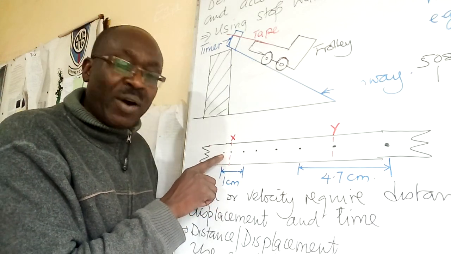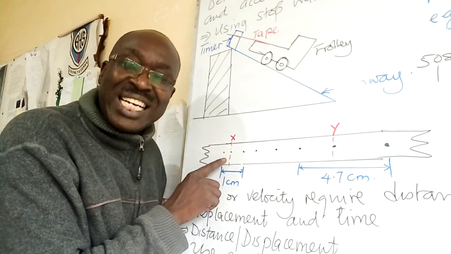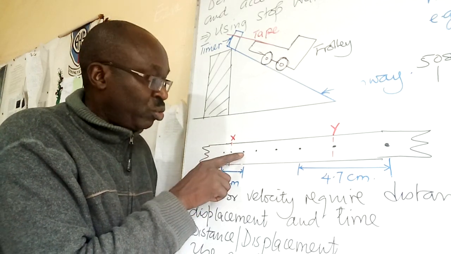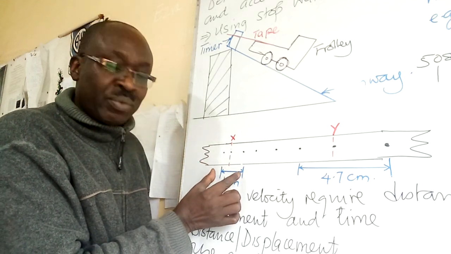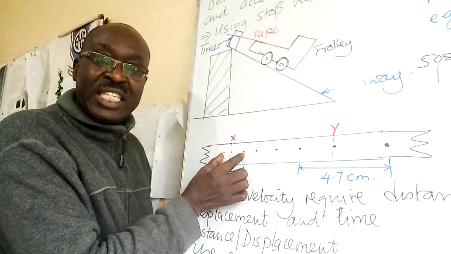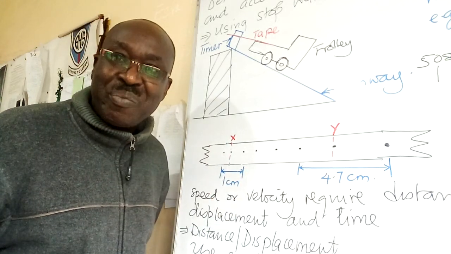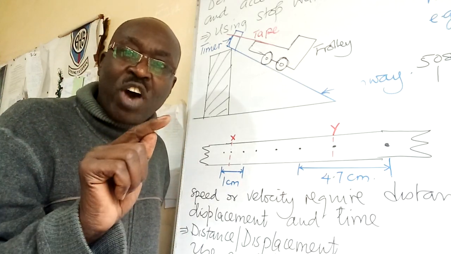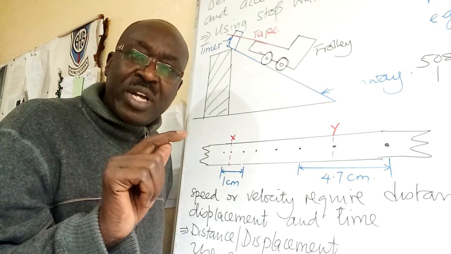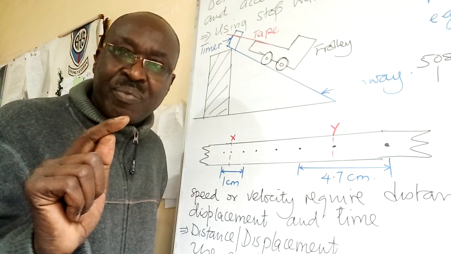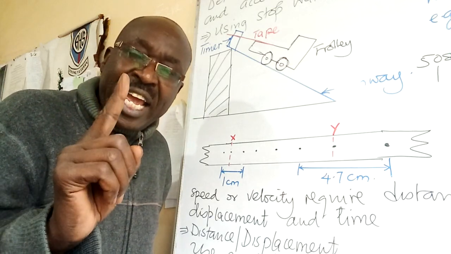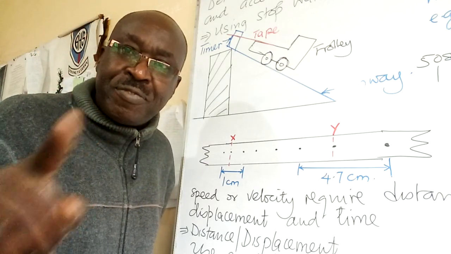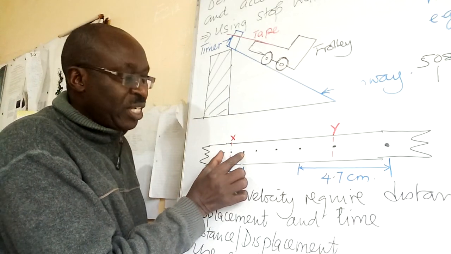Now, what about if I wanted to know the time taken from the first dot to the third dot? Given that I know the distance, I need to know the time. So if my frequency is 50 hertz, then the time I take to cover one space will be 1/50. And how many spaces are these?